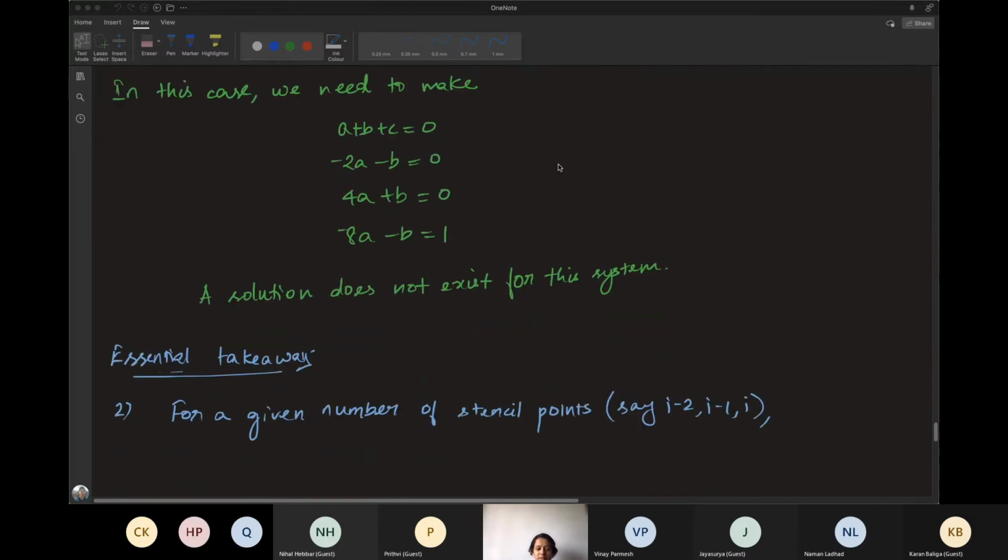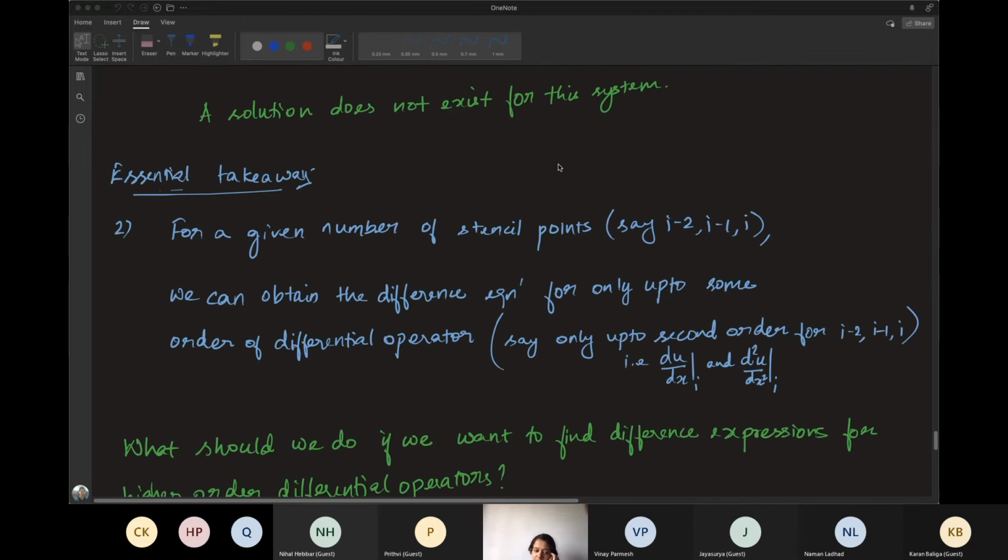So the thing is, if you are given some number of stencil points, then the maximum order of the differential operator for which you can obtain the difference operator is limited. So here you can obtain the difference operator only for du by dx and d squared u by dx squared.